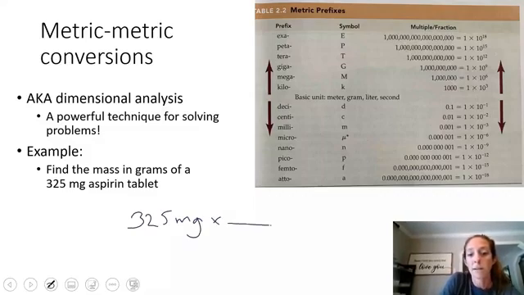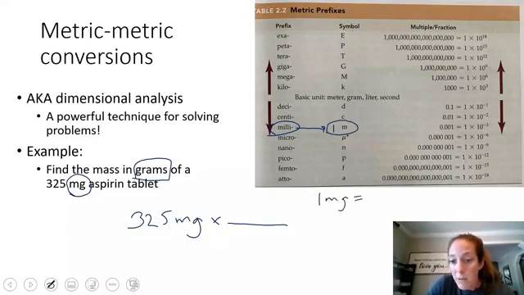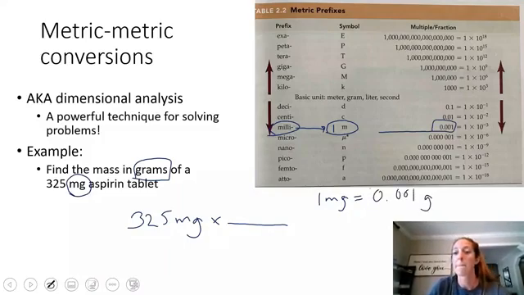Now I need to know the conversion factor to get from milligrams to grams. So I'm going to look over here and go milli. All right, here's my milli. Well, I know that 1 milligram is equal to 0.001 grams.